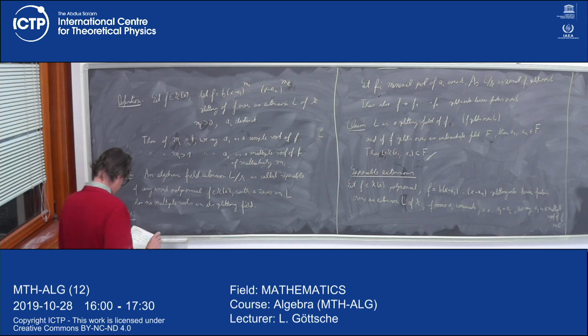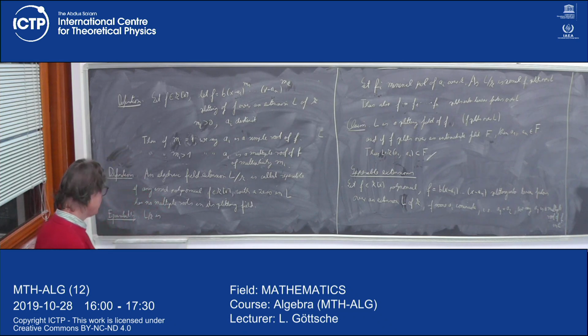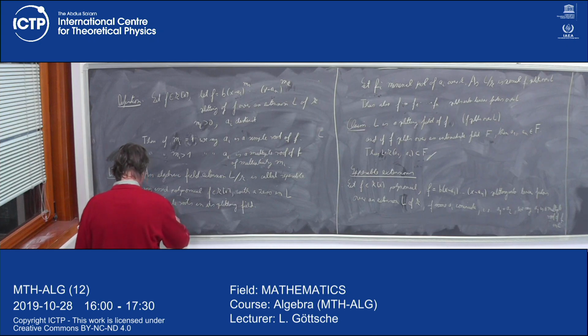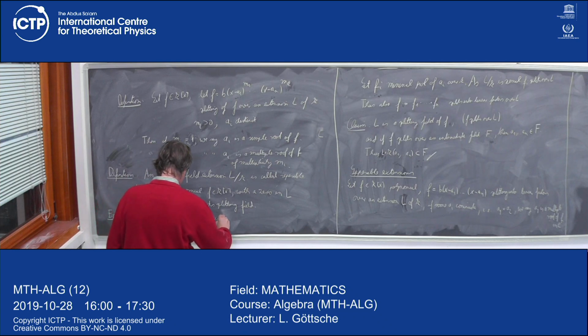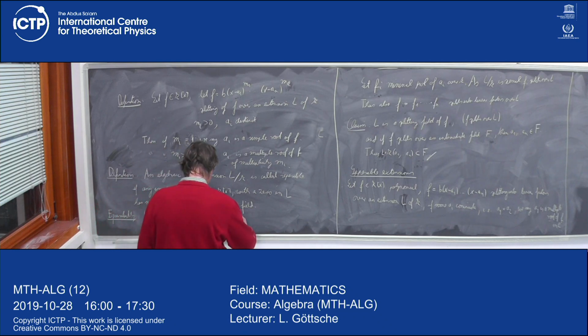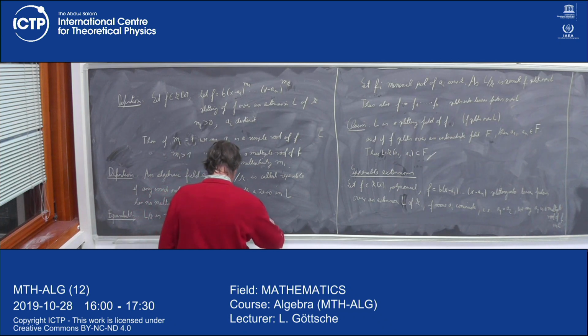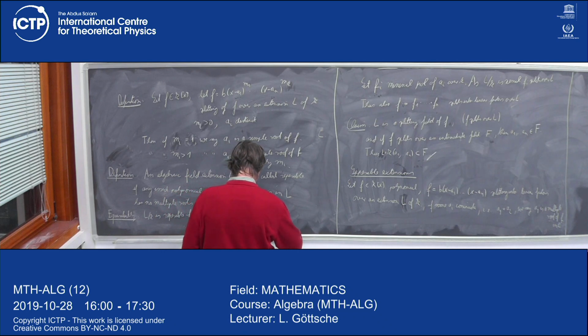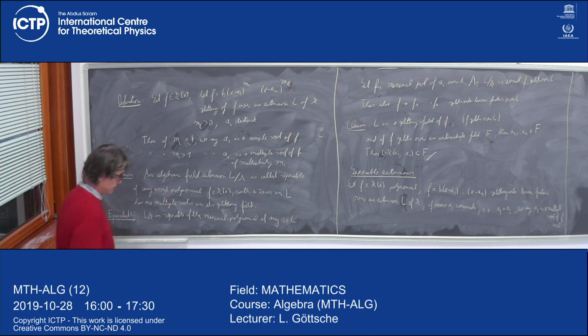L over K is separable if the minimal polynomial of any element a in L has no multiple roots in its splitting field.